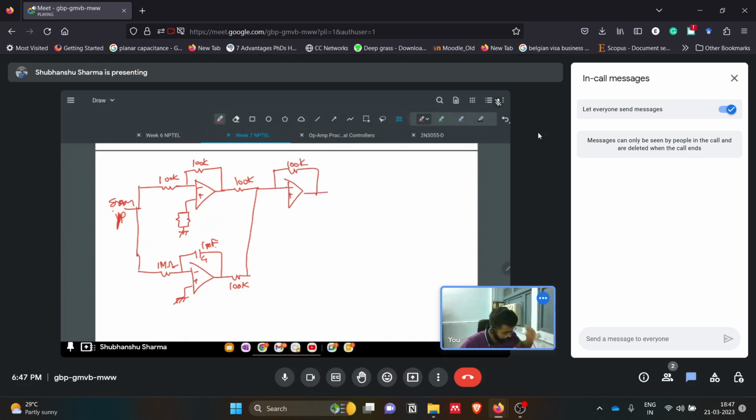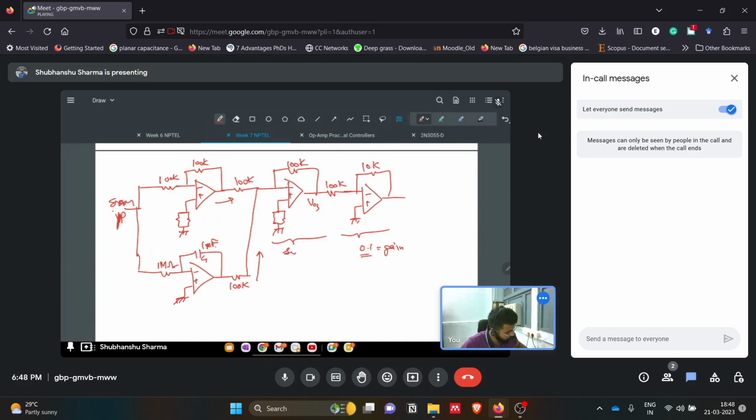After getting the output from this and this, we are basically using a summer to add both of the signals, the signal from the proportional controller as well as the signal from the integrator. Then we are finally using an attenuator which has a 0.1 gain.